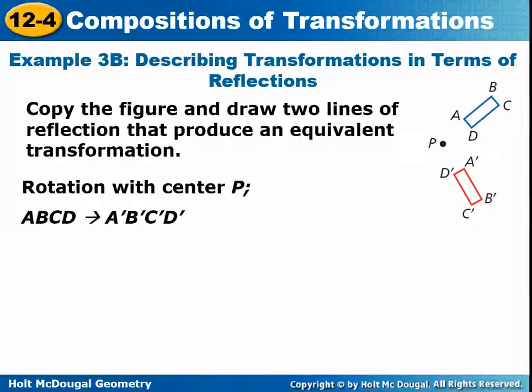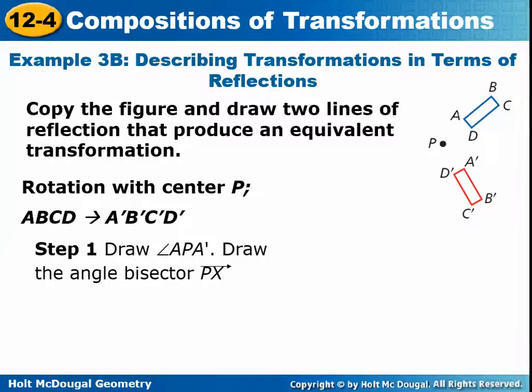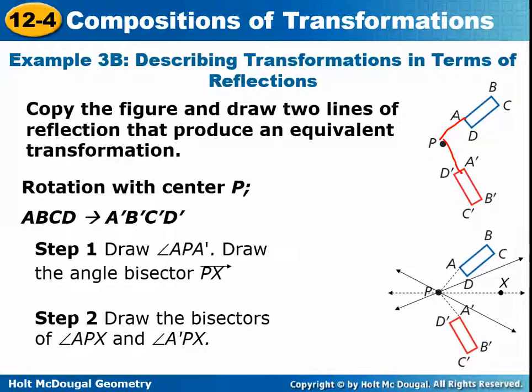Here's another example. This is a rotation, and to find its 2 lines of reflection, you would draw angle AP. Where's P? Oh, P is the center. So you would draw AP and then A prime. Here's the nicer looking one.